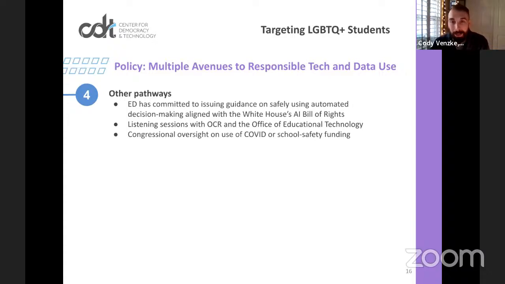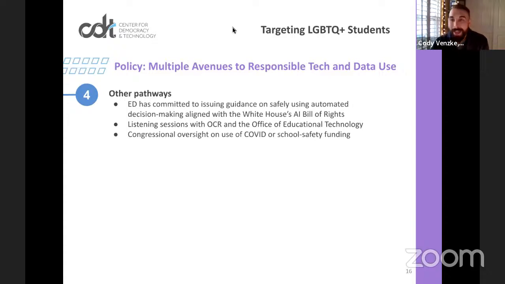Second, we would champion listening sessions with the Office for Civil Rights and the Office of Educational Technology within the Department of Education. And then finally, Congress has a role here to ensure that the use of funding provided under the COVID relief acts, as well as the recent school safety bill, are used in a way that protects and adheres to students' civil rights.